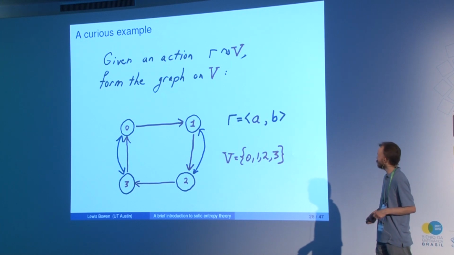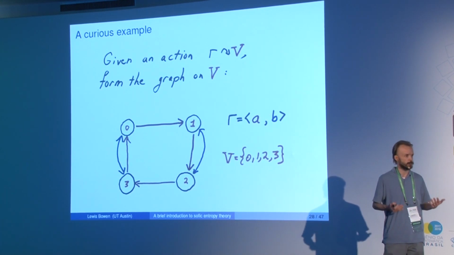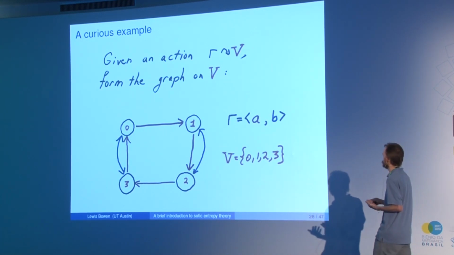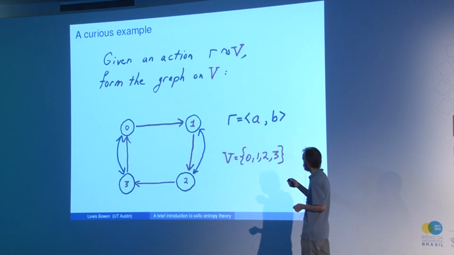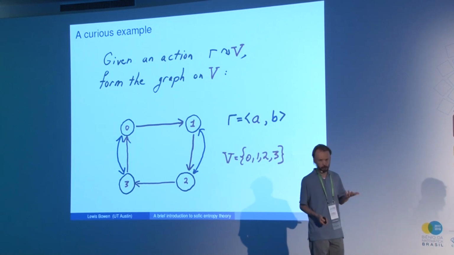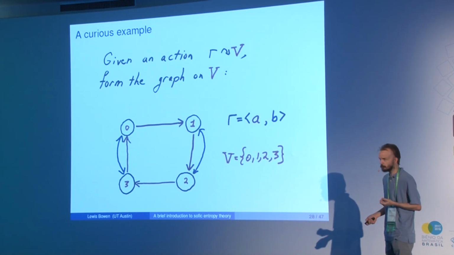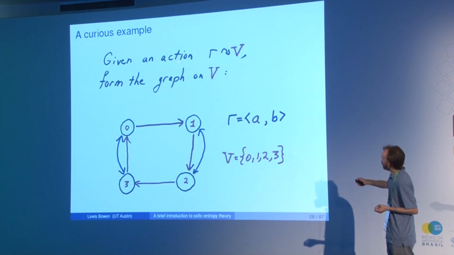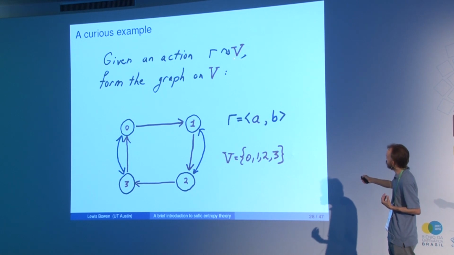Okay, here's a more unusual example, maybe a more interesting example. In order to explain this example, I need a little bit of visual notation. So let's say that I have an action on a finite set, and then I just form the following graph.